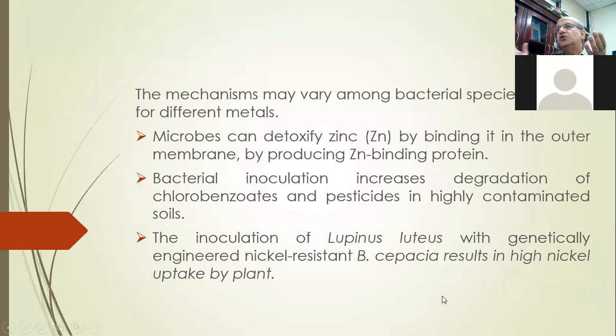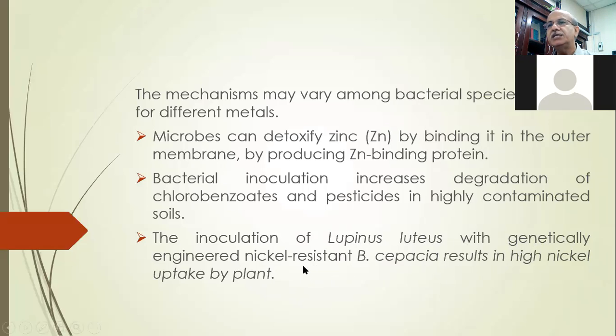The inoculation of Lupinus luteus with genetically engineered nickel-resistant Bacillus cepacia results in high nickel uptake by the plant. So you have a soil which is rich in nickel, and you want to remediate that soil. What you can do is grow Lupinus luteus there and inoculate it with a genetically engineered nickel-resistant Bacillus species, where you have introduced the gene of nickel resistance.